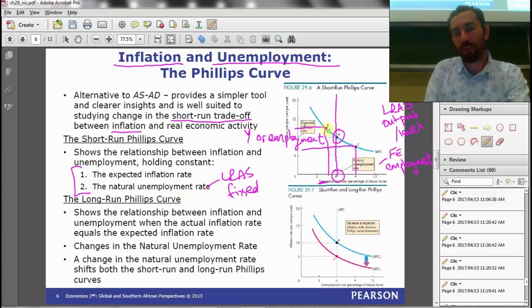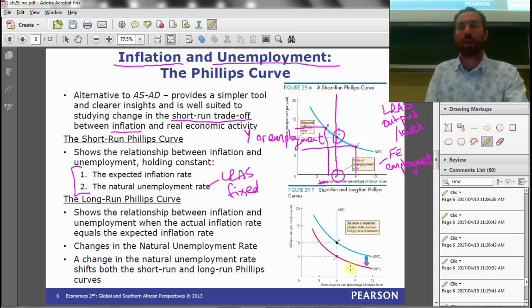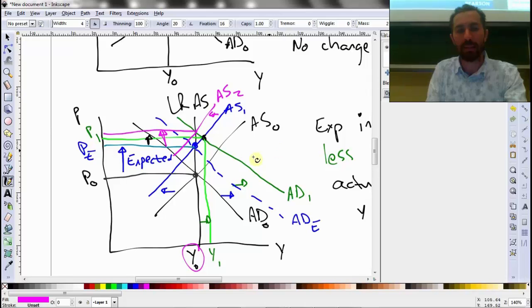In other words, if I move temporarily to point B, what do I do? I increase my wage demands because I now anticipate higher levels of inflation. How is that represented in my Phillips curve? What happens is my Phillips curve will shift to the right. In other words, at any given inflation rate, I now anticipate higher rates of inflation, and that anticipation of higher rates of inflation shifts me from Y1 back to Y0.